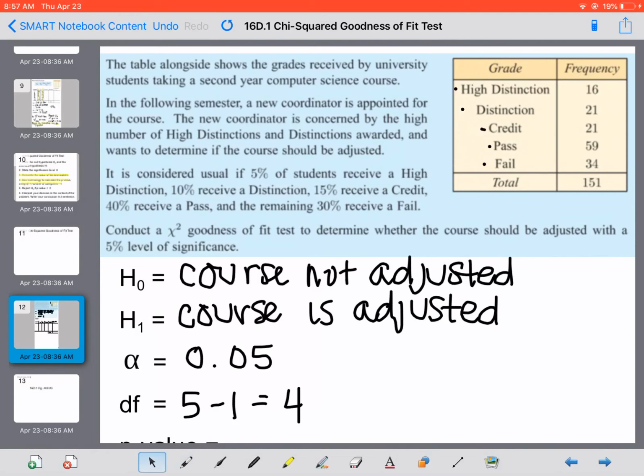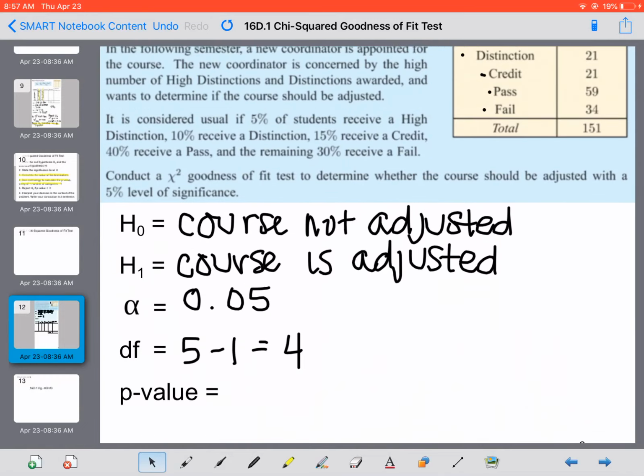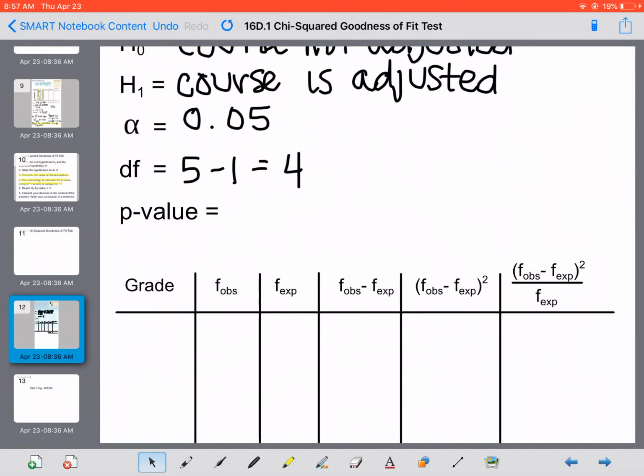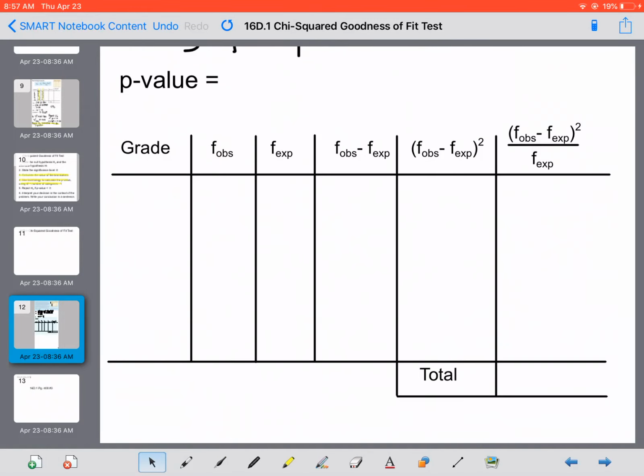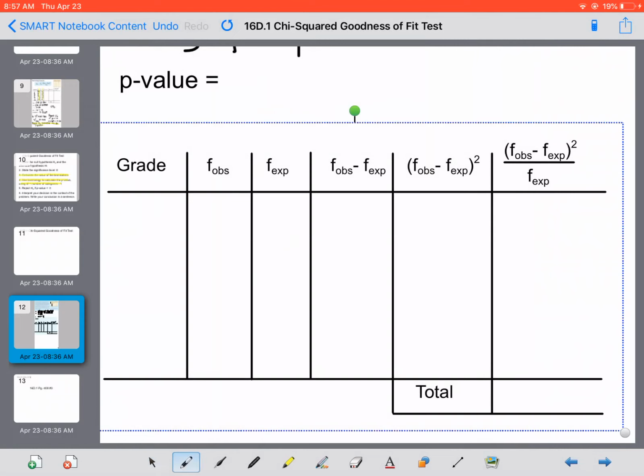And now we need to fill in our table here. So for our observed, what do we got? 16, 21, 21, 59, and 34.